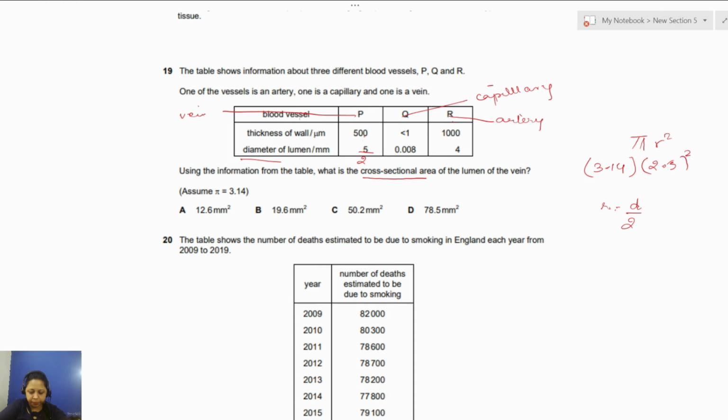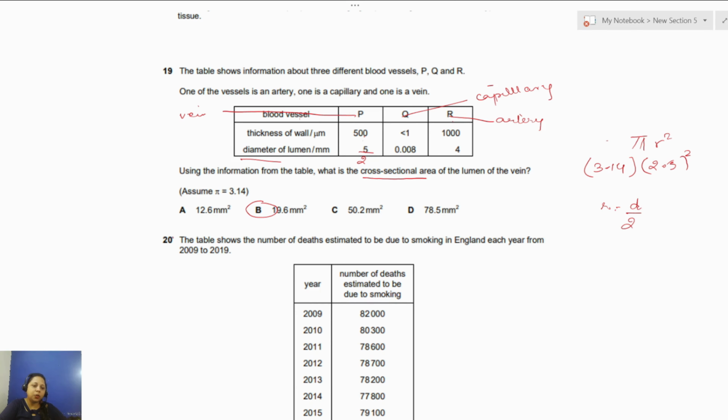What's your answer? You have to find the cross sectional area as well. 2.5 square. 19.6.